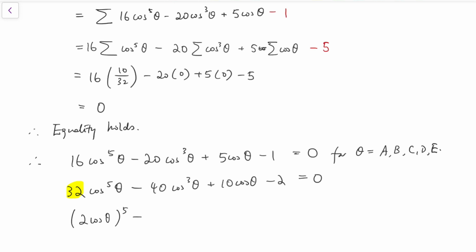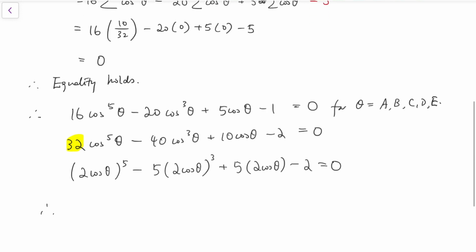So I can have 2 cos theta all to the power 5 as the first term. And then we have 5 times 2 cos theta all cubed. I can split it that way because 40 equals 5 times 2 cubed. Plus 5 times 2 cos theta. And finally minus 2 equals 0.